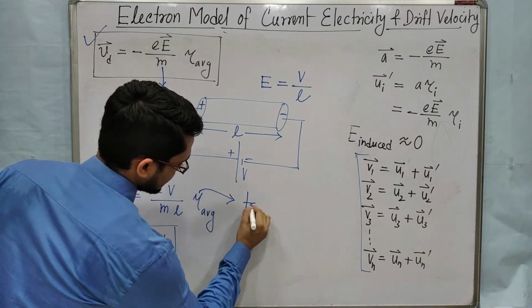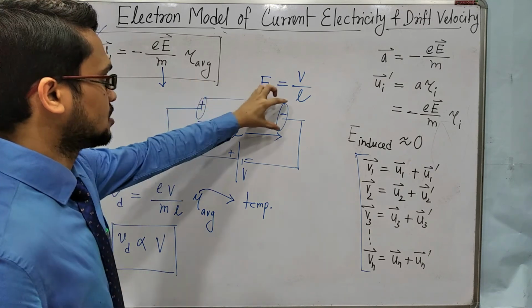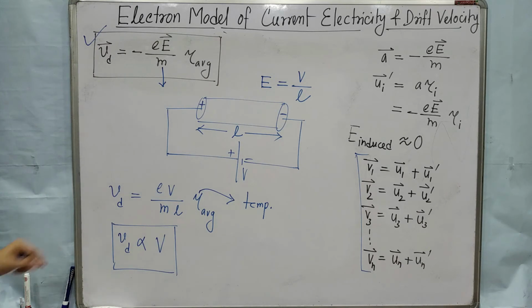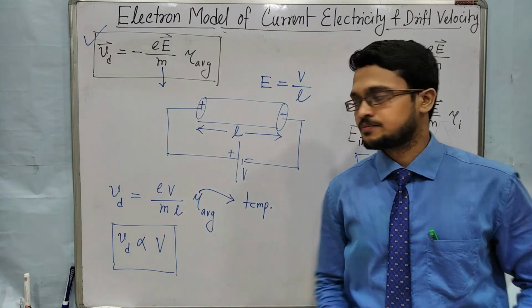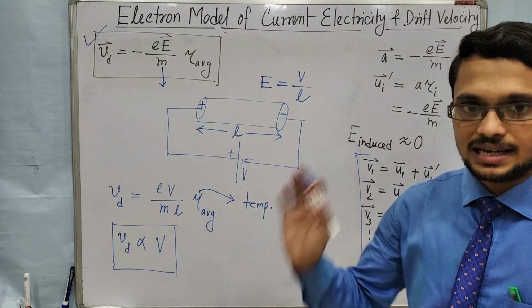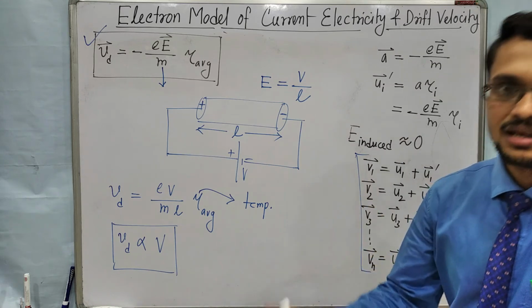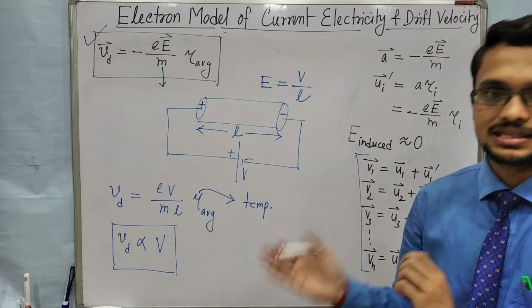And this tau average, the relaxation time, depends on temperature. How? If we increase the temperature of this conductor, the electrons will move more randomly, which means the relaxation time of each electron will decrease. Relaxation time means free path by its resultant velocity.